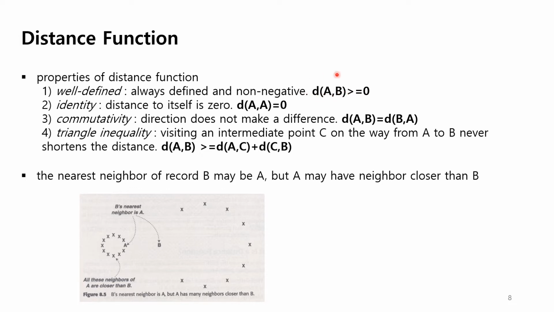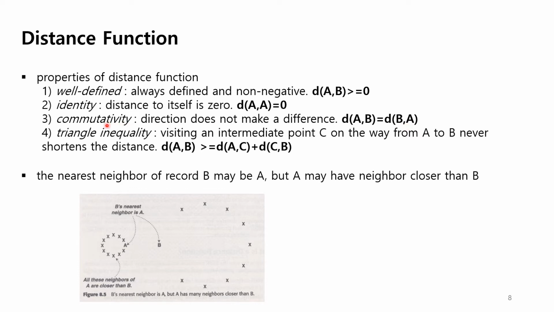This property is called well-defined. You don't have a negative distance. Identity means the distance between the same data is 0. And commutativity is that the distance between A and B is the same as the distance between B and A.